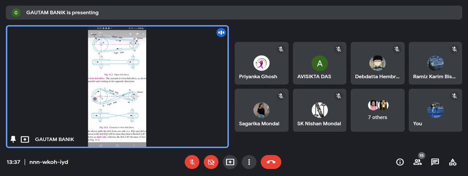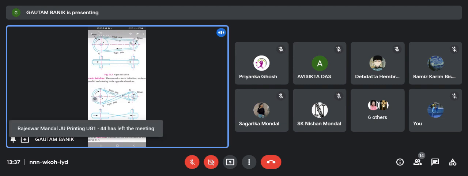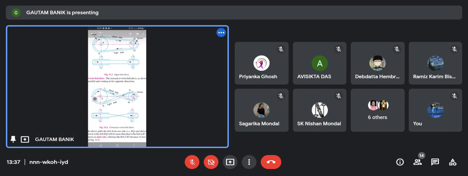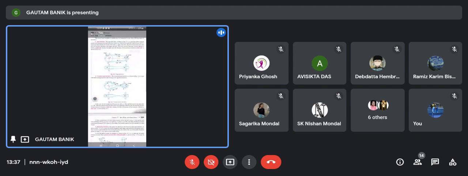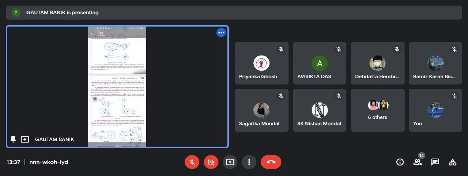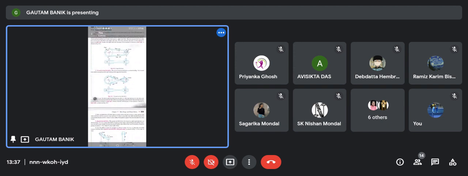So in the top view, the arrows are given in opposite directions. So it is the cross belt type. And in the cross belt, the length of the belt is longer than the open belt.